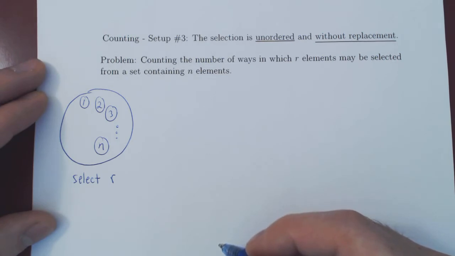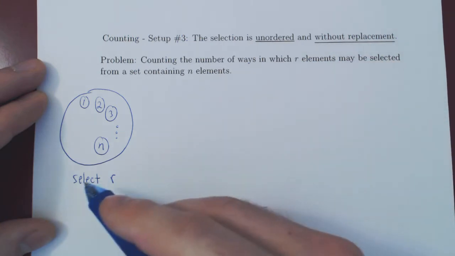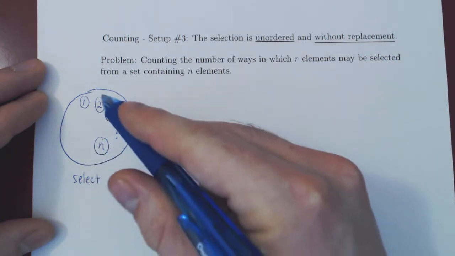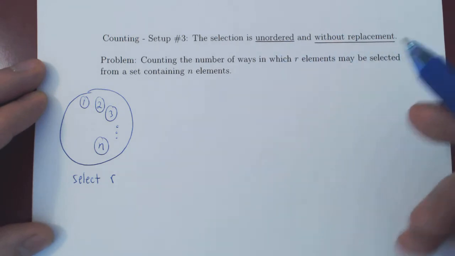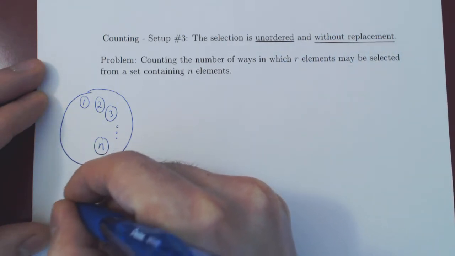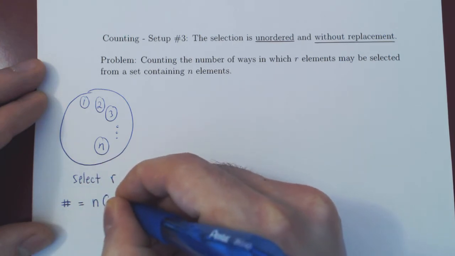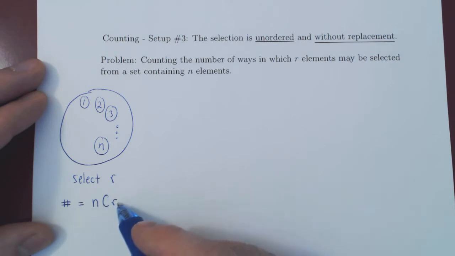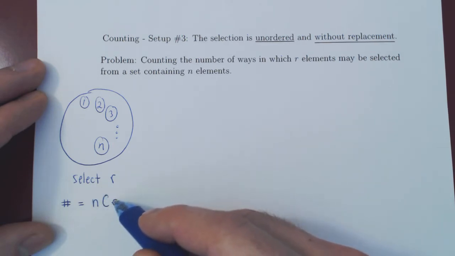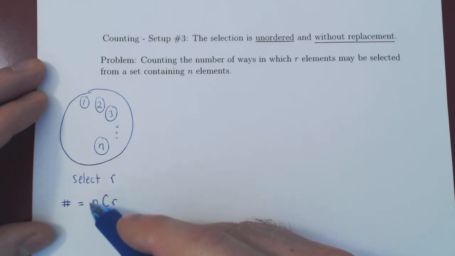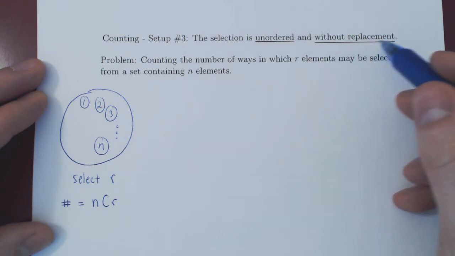And the total number of possible outcomes, so the total number of ways in selecting those r elements from the n given elements in an unordered fashion and without replacement, we give this a special name. It is denoted by nCr, and this reads n choose r. So the total number of ways in which r elements can be selected from a set of n elements when the selection is unordered and without replacement.